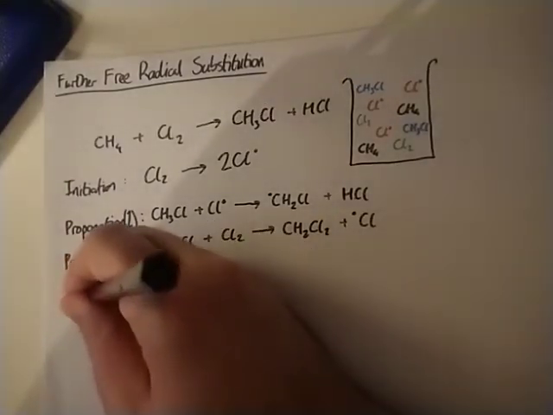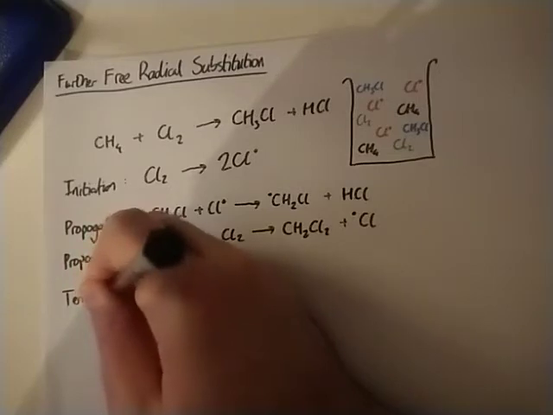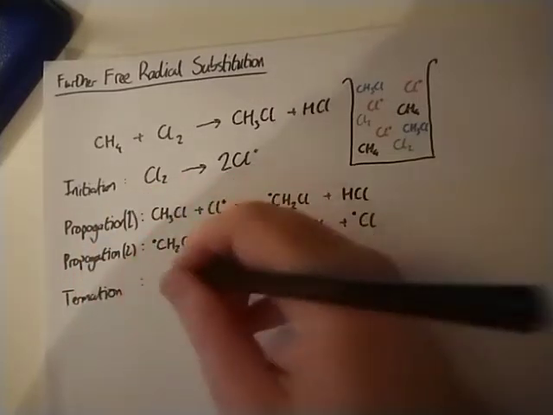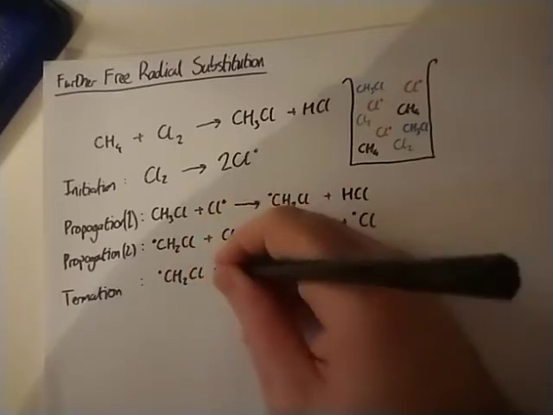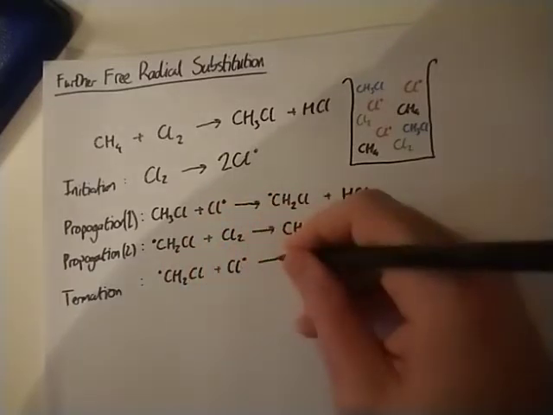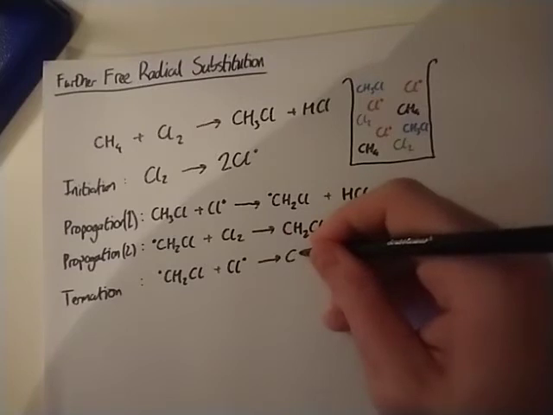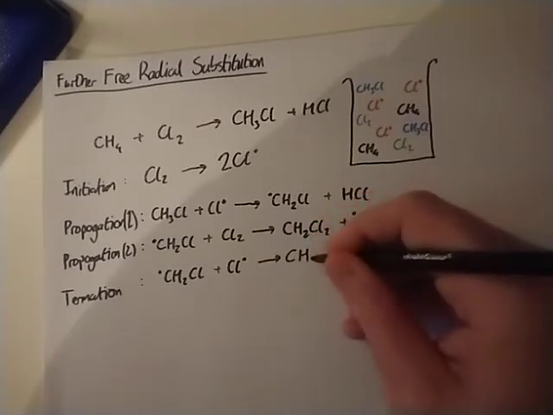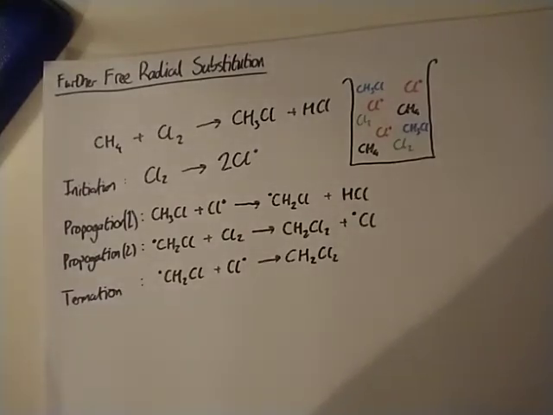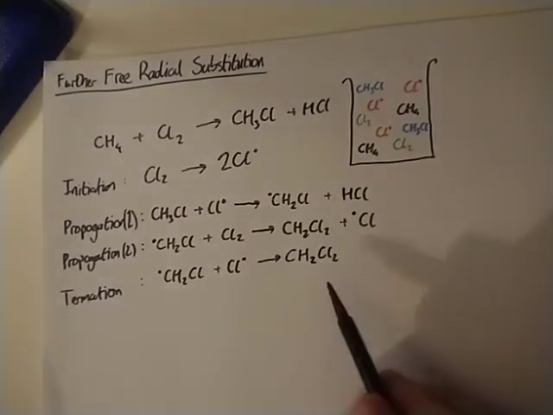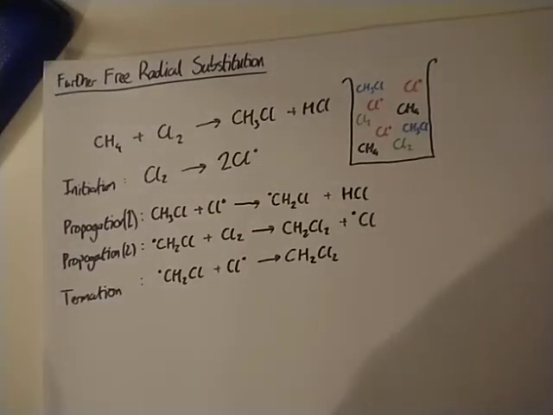And then the termination step, the one that we actually care about is going to be the CH2Cl radical plus the Cl radical to produce dichloromethane, bit of DCM. Really, really useful organic solvent.